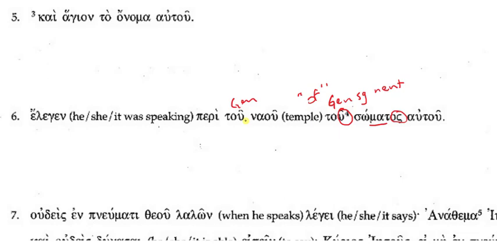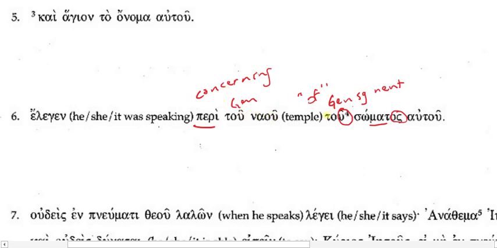Because I have a preposition. When I use a preposition, the preposition may require the genitive case, but I don't use the keyword with it, because I just use the meaning of the preposition. So he was speaking concerning, don't say concerning of, just say concerning and then translate the noun.